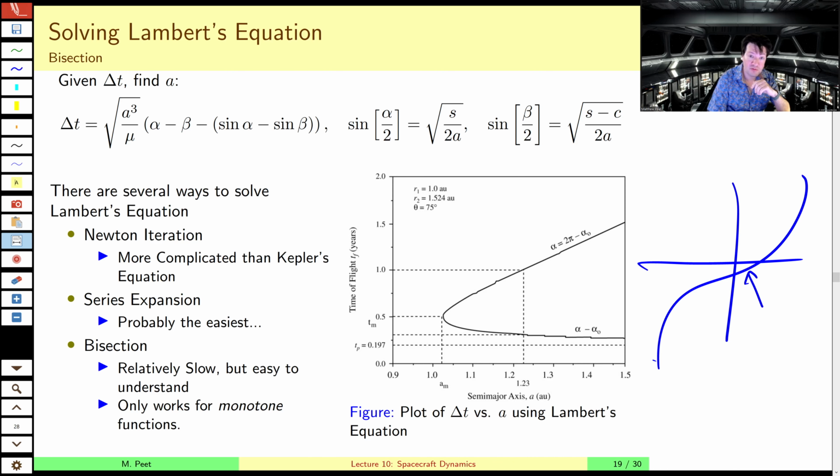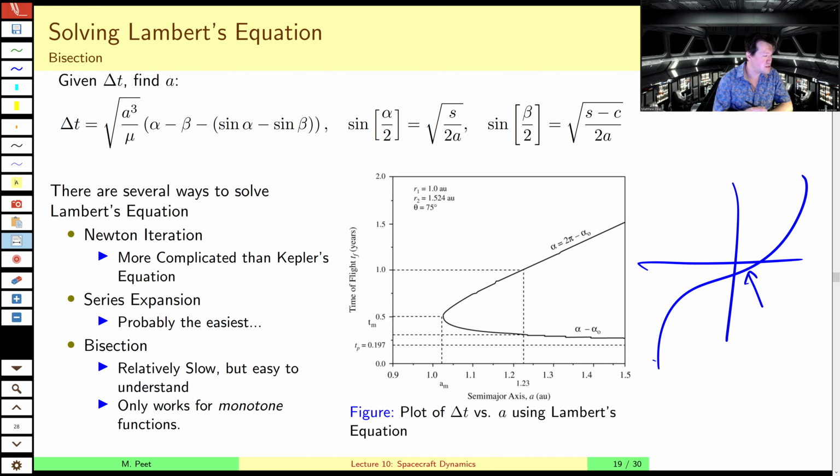It's not going to work so well with multi-revolution orbits, and it's not going to work very well with hyperbolic orbits, which we don't even cover in this course. So keep in mind when we go through this that it's going to work, but there are limitations. It's not going to work as well for very long duration transfers. It's more for the targeting problem than anything else.